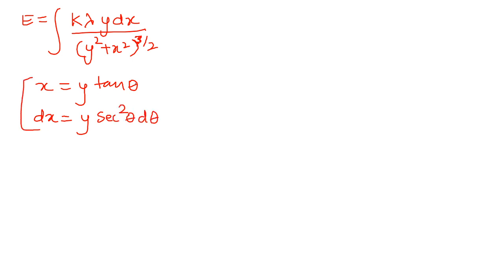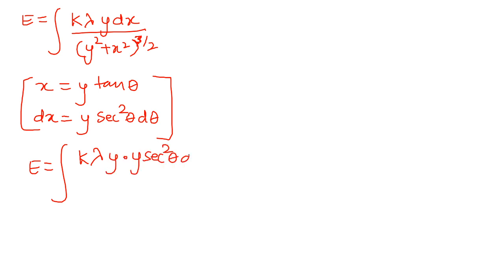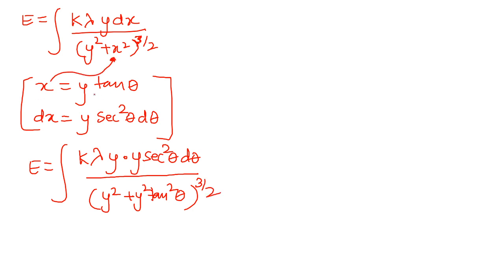So let's put this in the expression of electric field, guys, and what I'm getting is k lambda y into y times sec square theta d theta divided by y square plus y square tan square theta, that means y square plus y square tan square theta power 3 by 2. Okay, so I've replaced this x by y tan theta, and that dx was replaced by this dx.